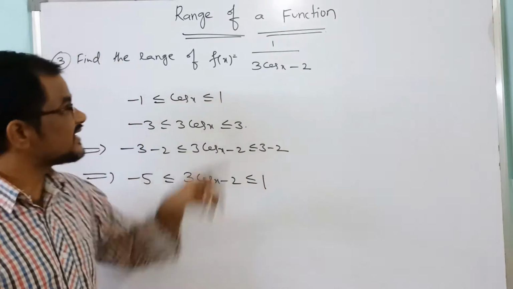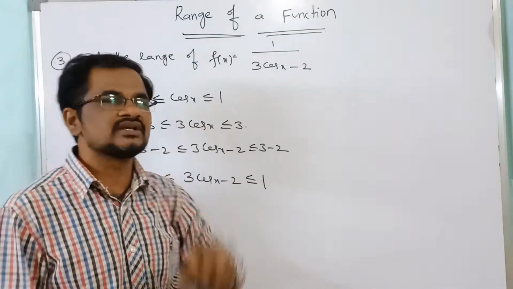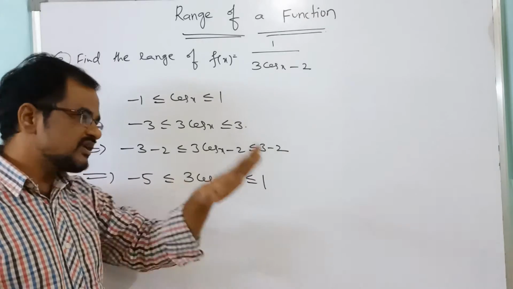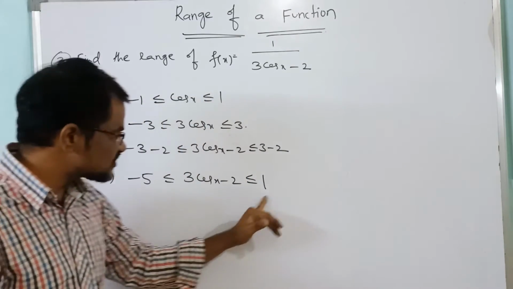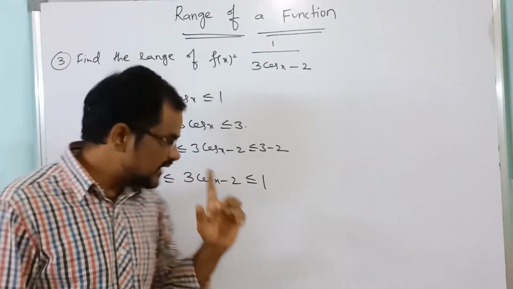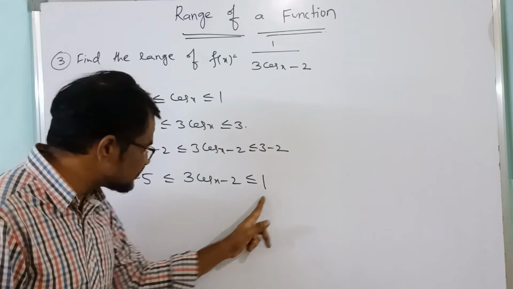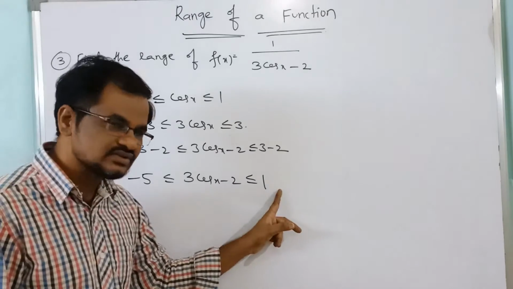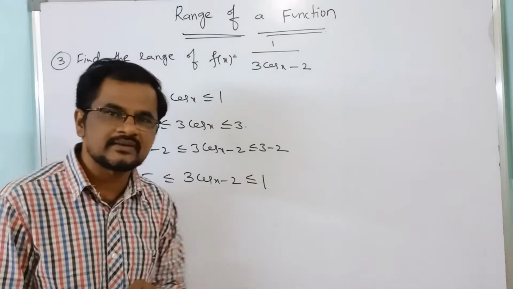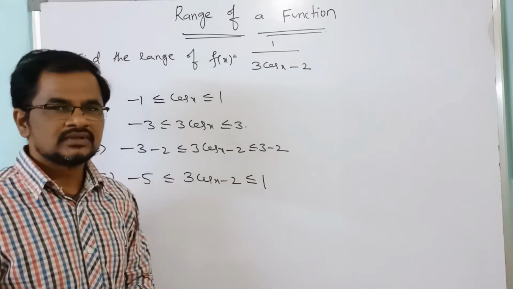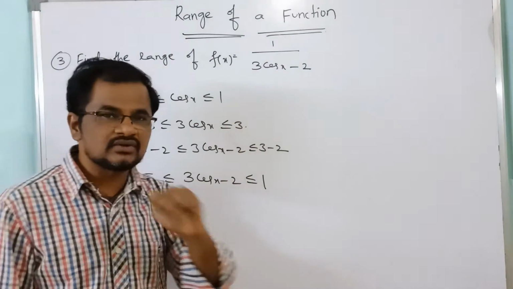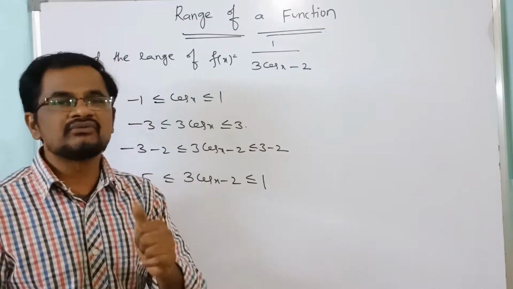But we have to find the range of 1 by 3 cos x minus 2, so we have to take the reciprocal. In the previous two problems there was no 0 between the limits. But here there is a 0 between these two: here a negative value minus 5, here 1 is there. So between these two 0 is there. At 0, if you take the reciprocal, 1 by 0 is not defined. So what do we have to do?